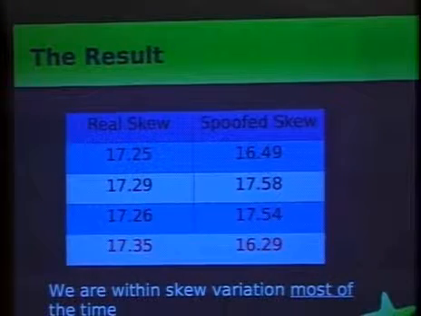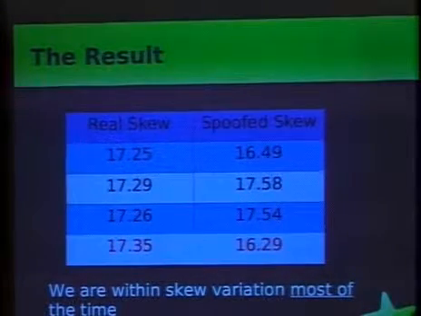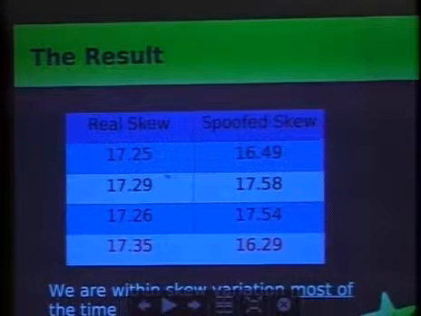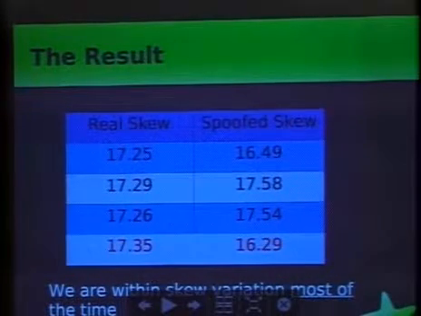So even though we're missing some beacons because of the silly switching between channels, the real skew of 17.25 gives us a spoofed skew of 16.49. This is a difference on the order of, what, 0.70, the top of the expected variation in one clock skew. And we can do better than that in some cases.